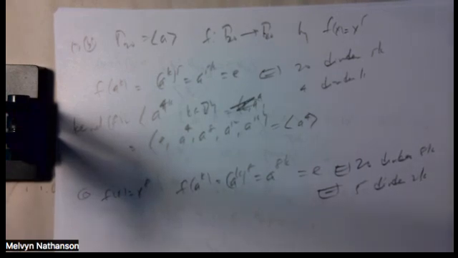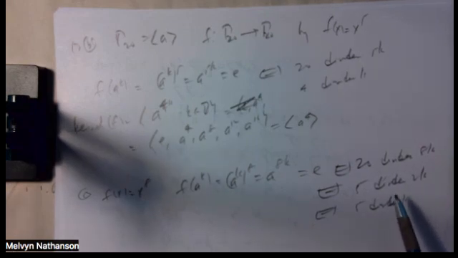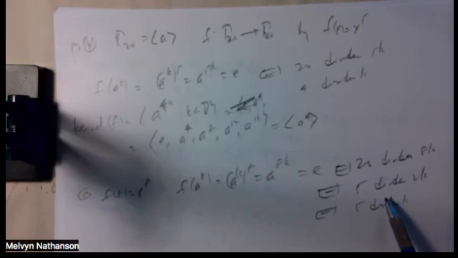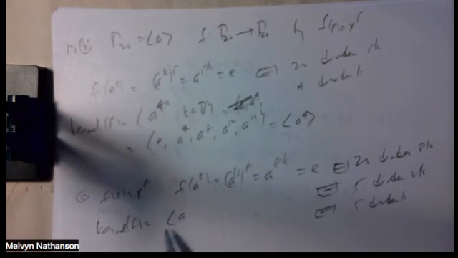So 5 divides 2k, which means 5 has to divide k. So the kernel of this function f is again the subgroup generated by a to the 5th.